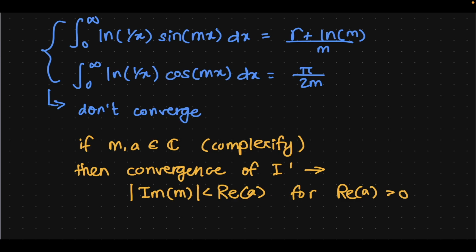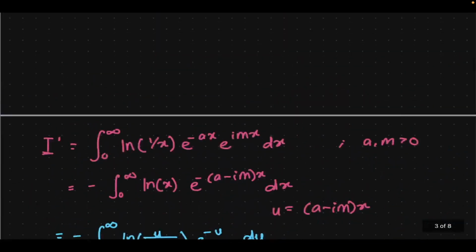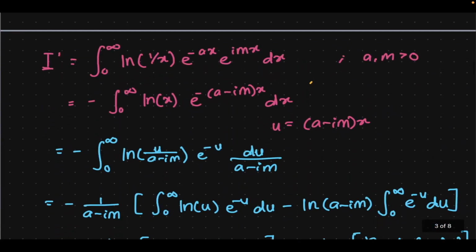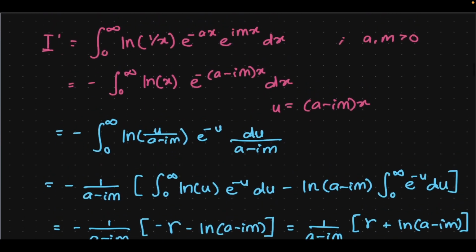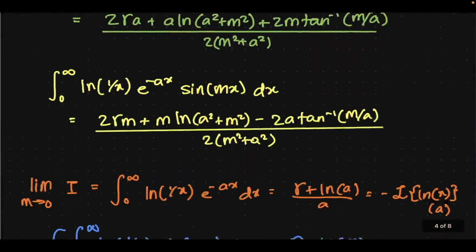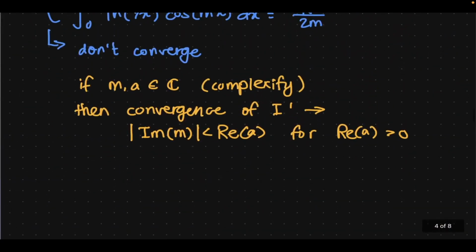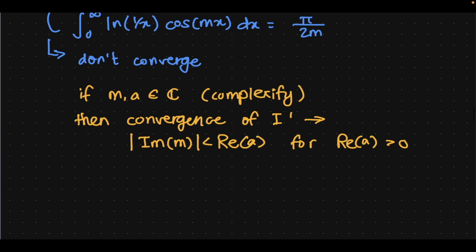This kind of makes sense because, going back to our I prime definition, there's an i m, so the exponentiation that will happen is because of the imaginary part of m and the real part of a. If we set the real part of a to always be greater than 0, then the absolute value of the imaginary part of m would have to be less than the real part in order for convergence.